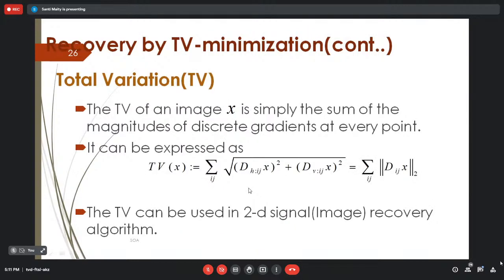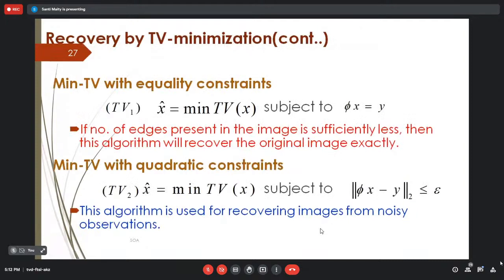Now total variation. If you have the edges, you go for minimization of edge variations, and that way you solve your optimization problem for cost. So you calculate the edges or total variation, which is called TV minimization. And if your measurement is contaminated with noise, then you can go for TV2 in this form.